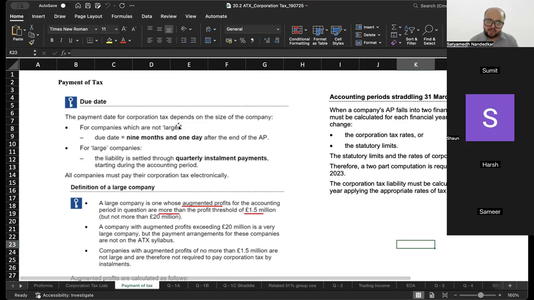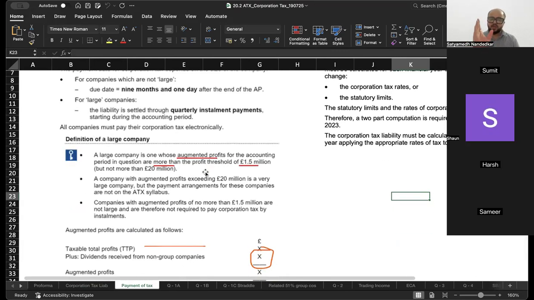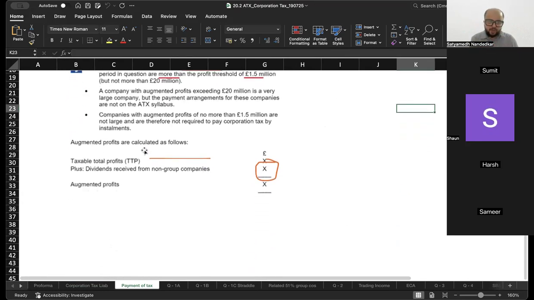How do you define a large company? A large company is one whose augmented profit for the accounting period is more than 1.5 million but less than 20 million. वो greater than 20 million वाला category अपने इसमें नहीं है discussion में. Augmented profits are taxable total profit plus dividend received from non-group companies. That gives you your augmented profit ka value.